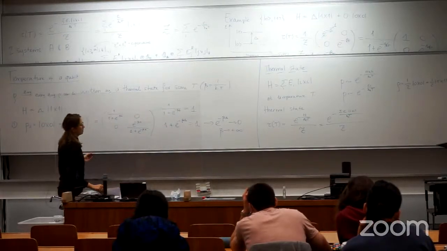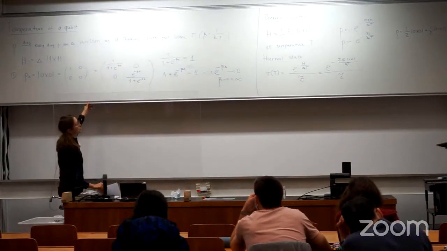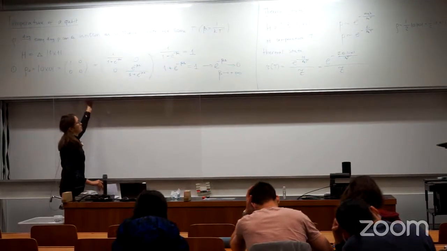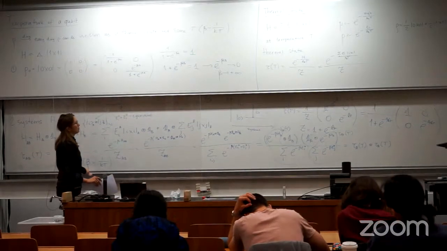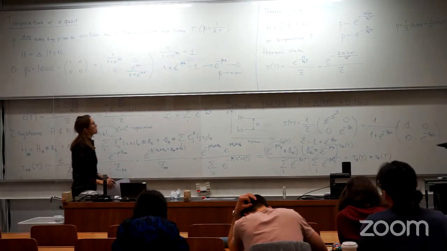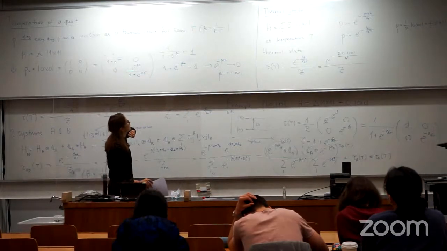So here beta can be seen just as a parameter. If beta is plus infinity, this means that the temperature is tending to 0, right?